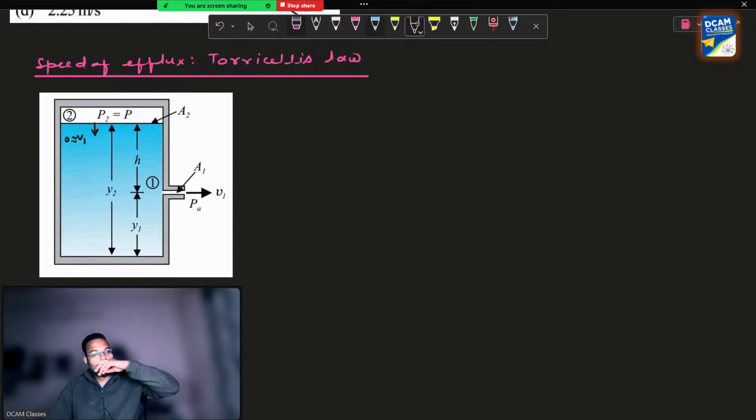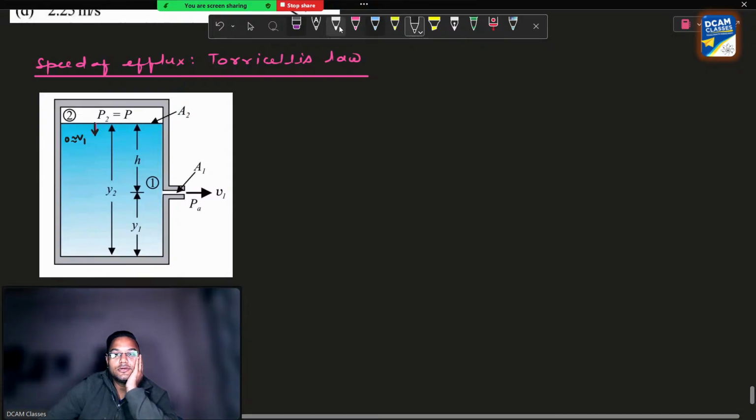Why? Because this is a very large container, the liquid level will go down very slowly. We know the equation of continuity, A1 V1 is equal to A2 V2.